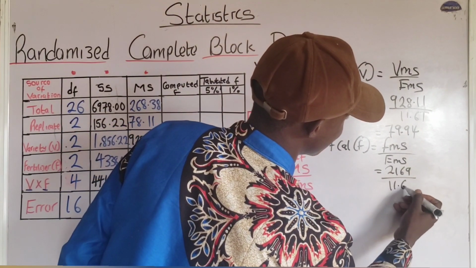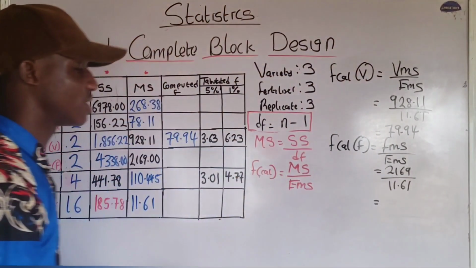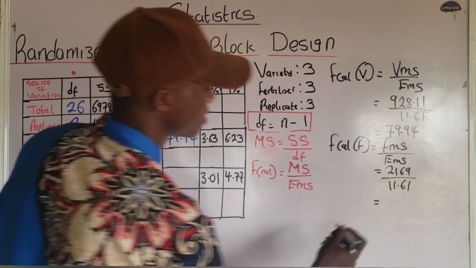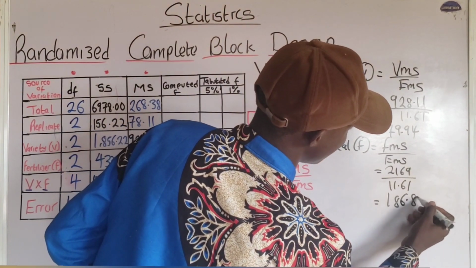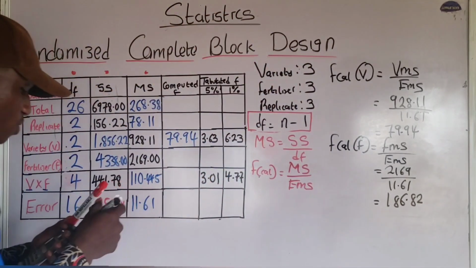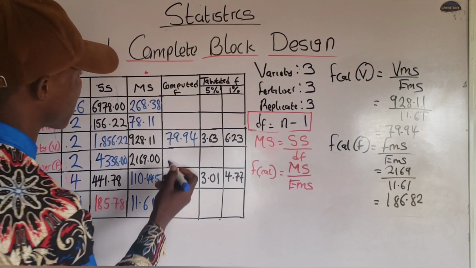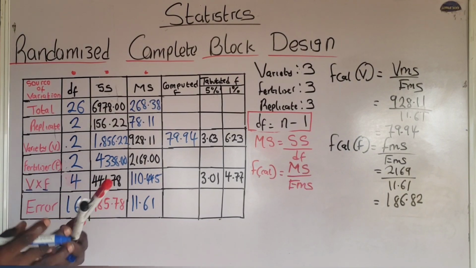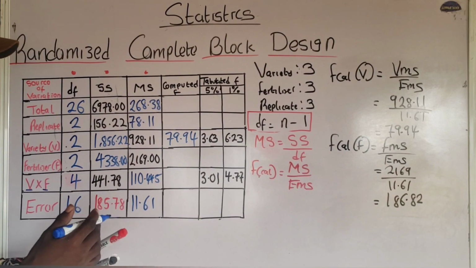So 2169 divided by 11.61 is 186.82. FK simply means computed value, the calculated value.